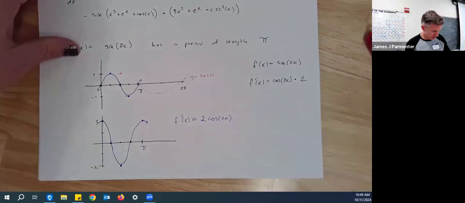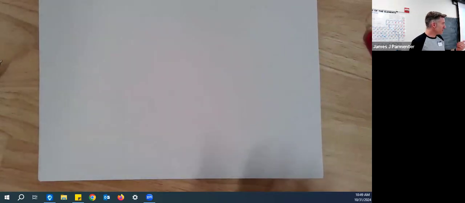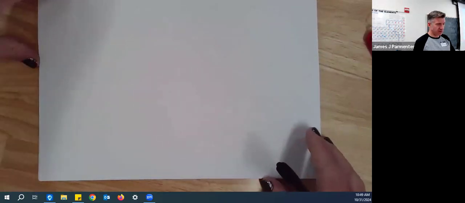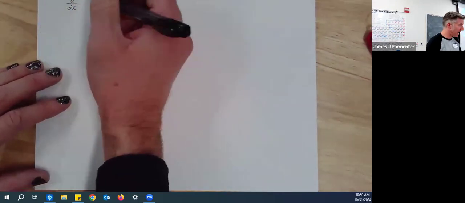So yeah, let's look at a couple more examples and then we will make it more complicated. Trig functions work like we've already seen: instead of sine of x, you do sine of whatever, and then take the derivative, you get cosine of whatever, and then you multiply by the derivative of whatever. It's also true for e to the x. We know that the derivative of e to the x is e to the x.